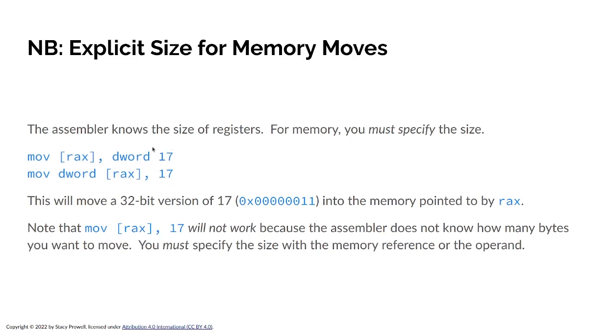So I've cast 17 to be a double word, which means that now it's a 4-byte 17, right? So it's 17 in the low order byte and then 3 zeros. And that's what will get put in memory starting at the location pointed to by RAX. I can also cast the receiver here, RAX's location, this memory address, to be a double word, and then I put 17 in it. Either one of these will work. It tells the assembler what I mean. I want to put a 32-bit or a 4-byte version of 17 into the memory address pointed to by RAX.